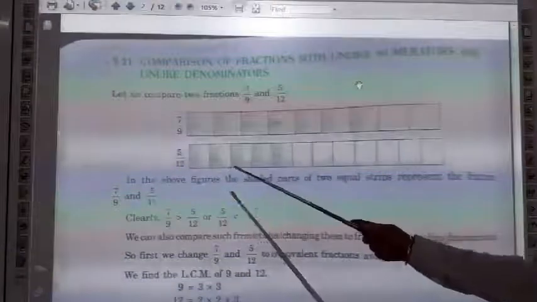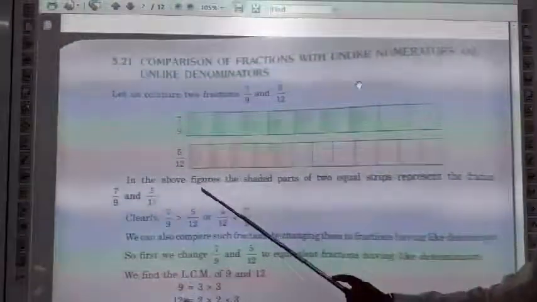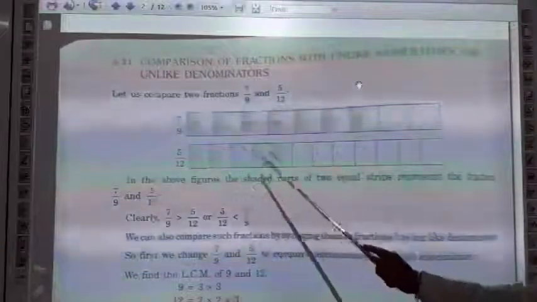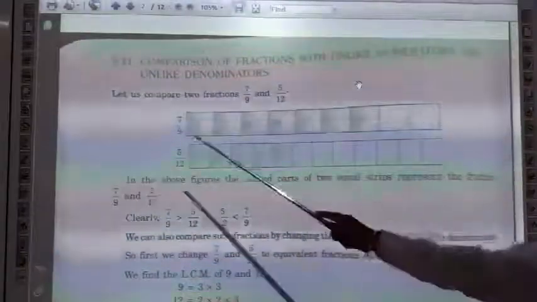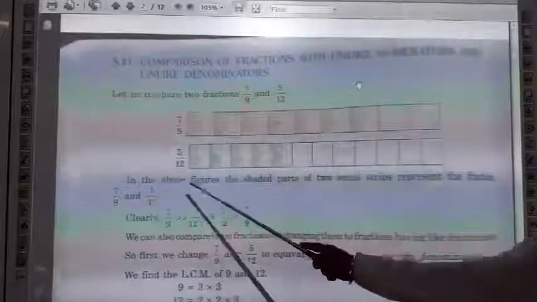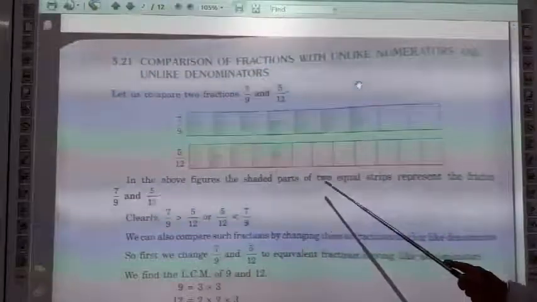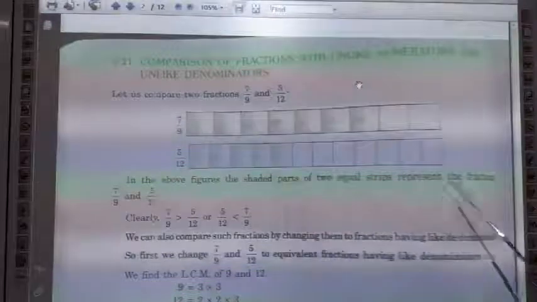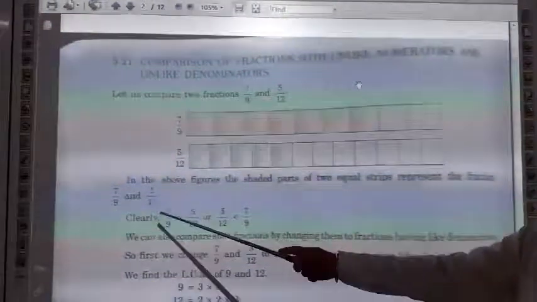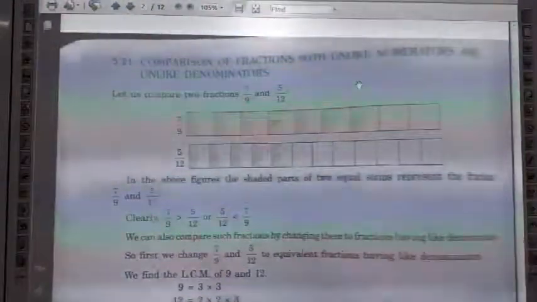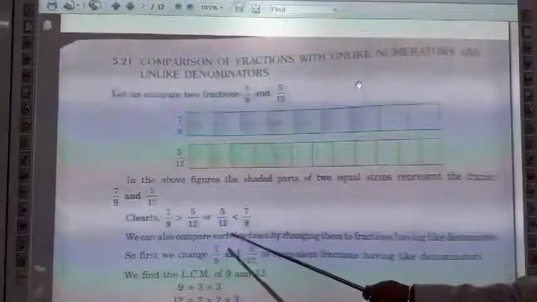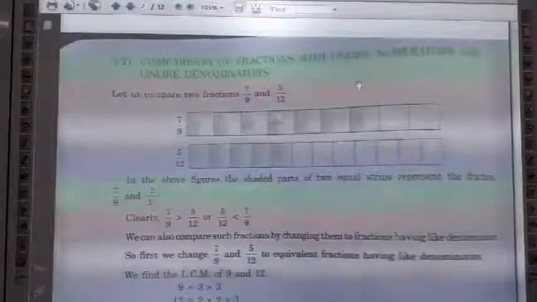And next diagram, 5/12. Number of boxes 12, 5 boxes are shaded. Fraction is 5/12. In the above figure, the shaded part of two equal strips represents the fractions 7/9 and 5/12. Clearly 7/9 is greater than 5/12, or 5/12 is less than 7/9.